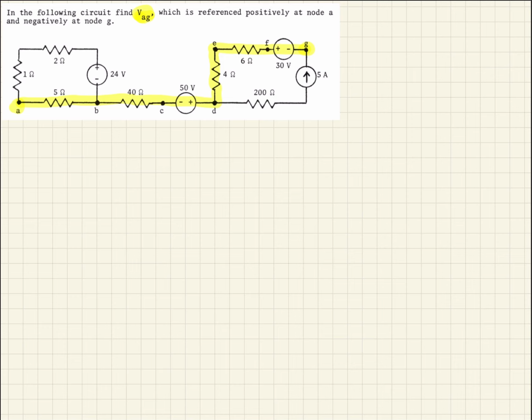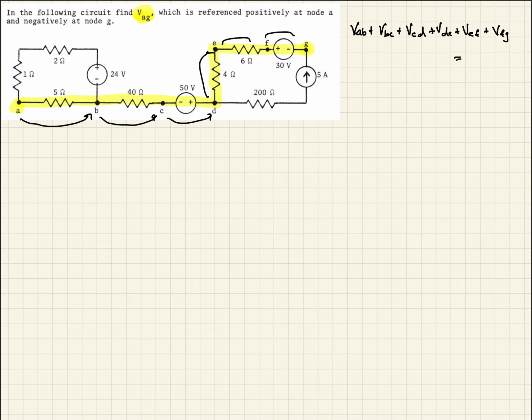If we go from A to B, that'll be VAB, and then from B to C, that'll be VBC, and then we just keep going along, VCD, plus VDE, plus VEF, and then finally VFG, and that will all equal what we're looking for. It gets us from A to G, so that's VAG.